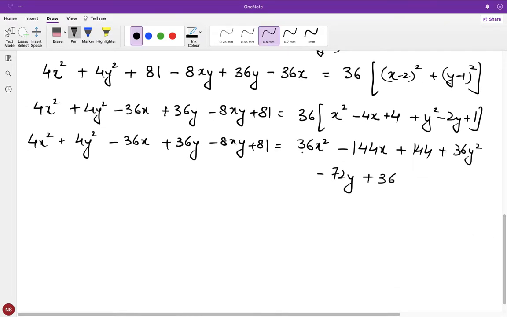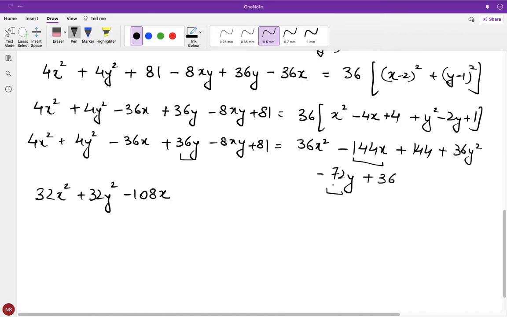So what do I do? Take this over here or bring these over here? Let us bring all of these over here. So 36 minus 4 is 32. And similarly 36 minus 4, so 32y square. Now the term of x, minus 144x. Over here I have 36 with minus, so when it comes here it becomes plus. So 144 minus 36 is 108, so minus 108x. 36y, here minus 72y.